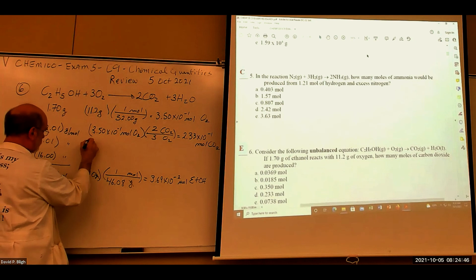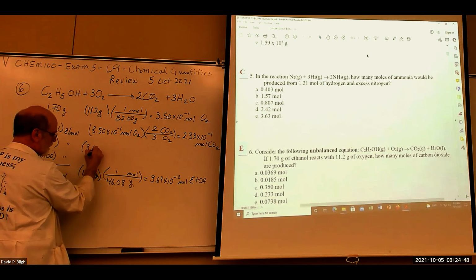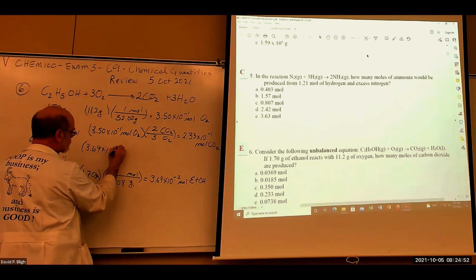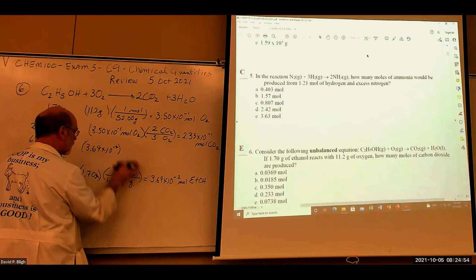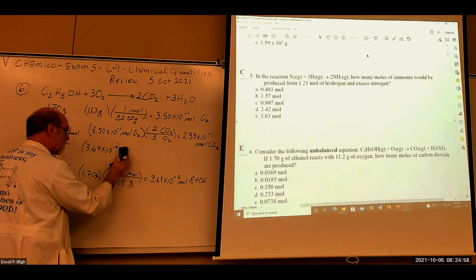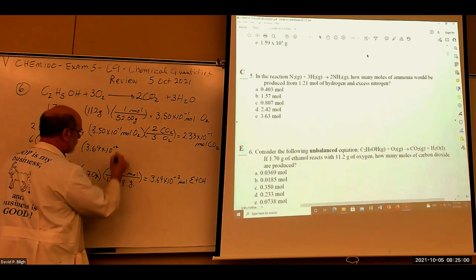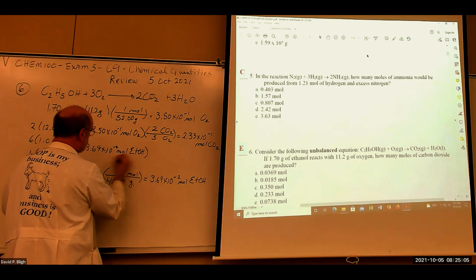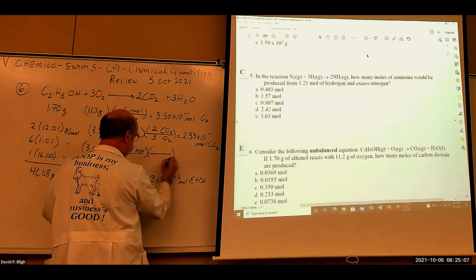From ethanol, 3.69 times 10 to the minus 2. Let's see. Let's be consistent. Moles of ethanol. Now we want to convert that.